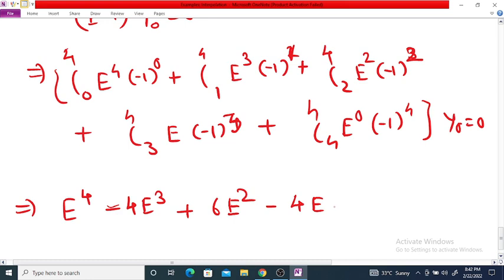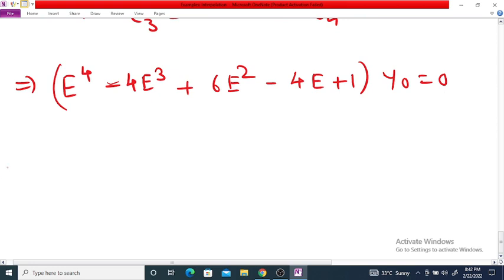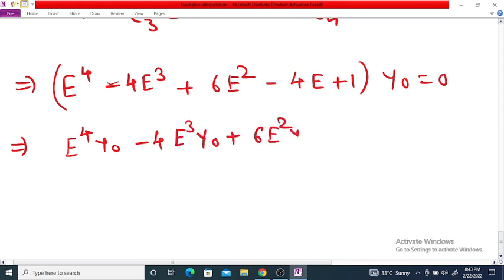Then 4c4 is 1, so 1 into y0 is equal to 0. Instead of y you can also use f of x. So this is e raised to 4 y0 minus 4e cubed y0 plus 6e squared y0 minus 4e y0 plus y0 equal to 0.